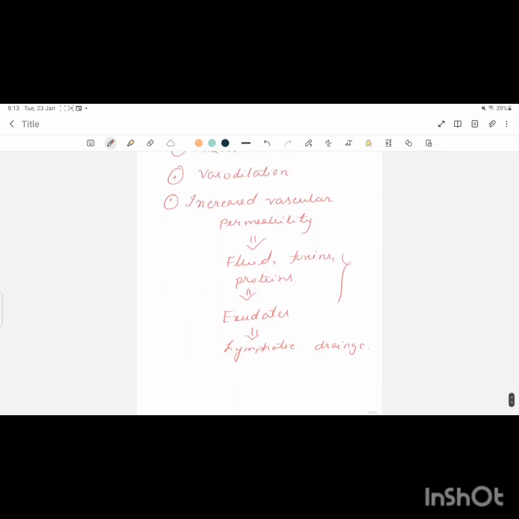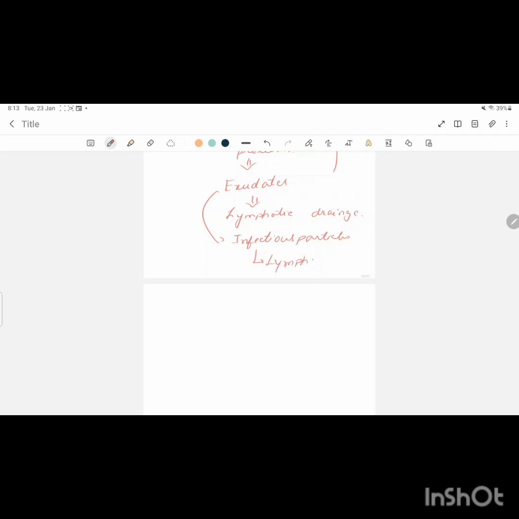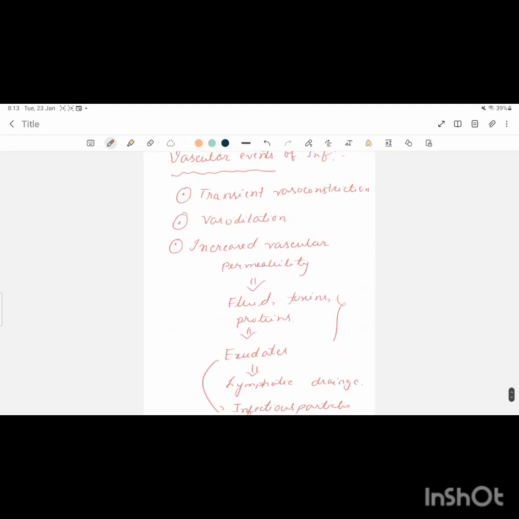As there is infection, the exudate can contain infectious particles. These can cause lymphatic infection, called lymphangitis, as they are drained by lymph. So these are all the vascular events.